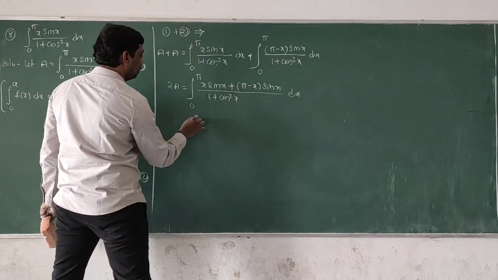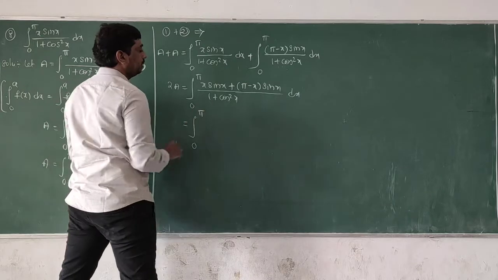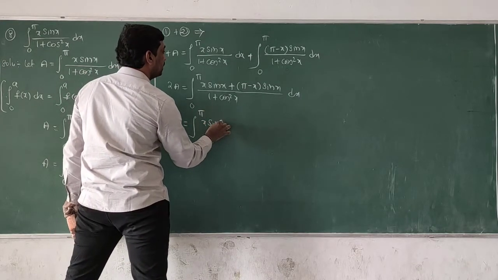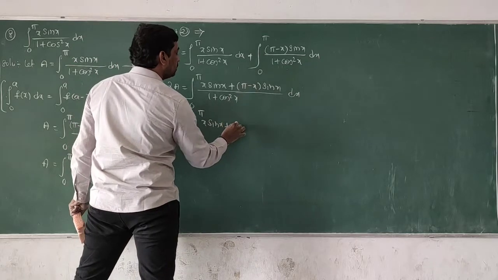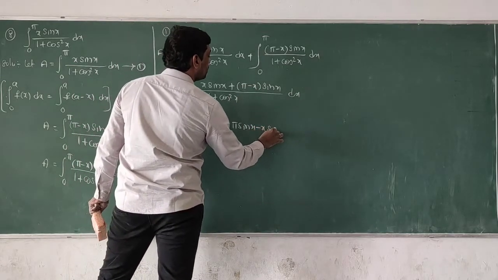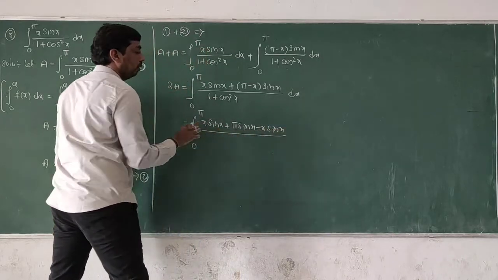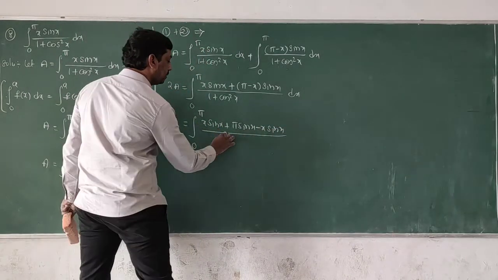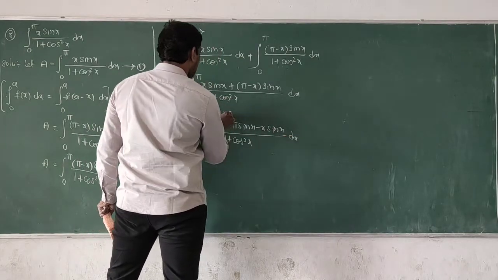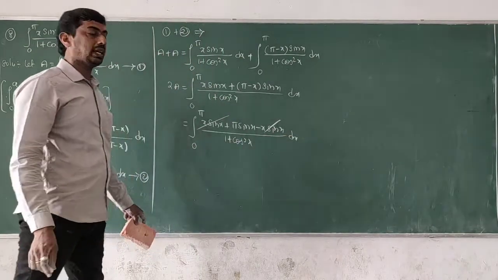Now integration 0 to pi, x sin x plus pi sin x minus x sin x, whole by 1 plus cos square x dx. Here x sin x minus x sin x cancel.